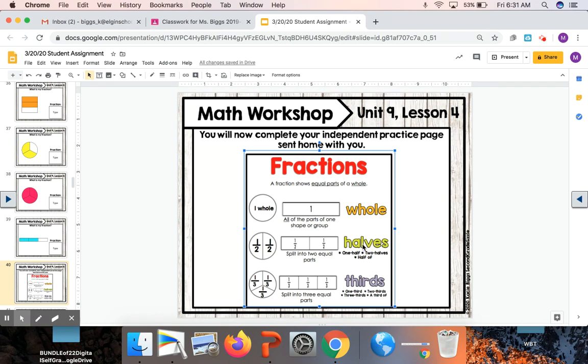We call those halves, 1/2, 2/2, or half of. Next, we have thirds. That means it is split into three equal parts. We can call those thirds, 1/3, 2/3, 3/3, or we could say a third of.